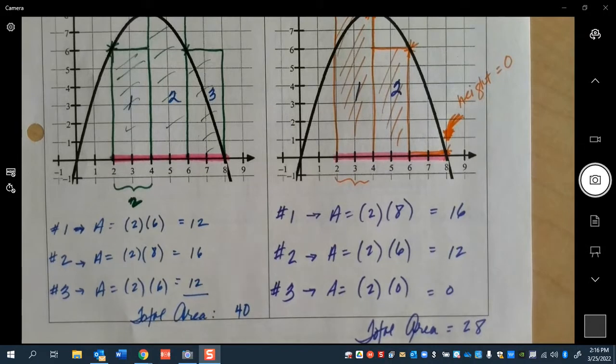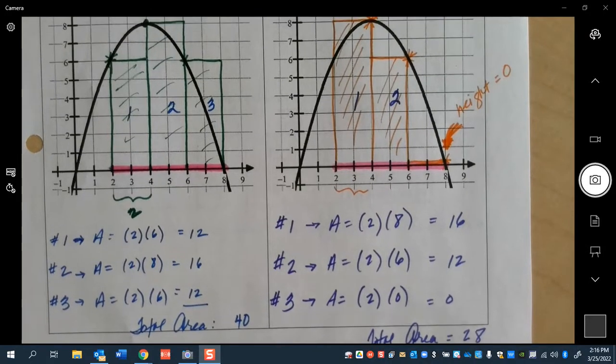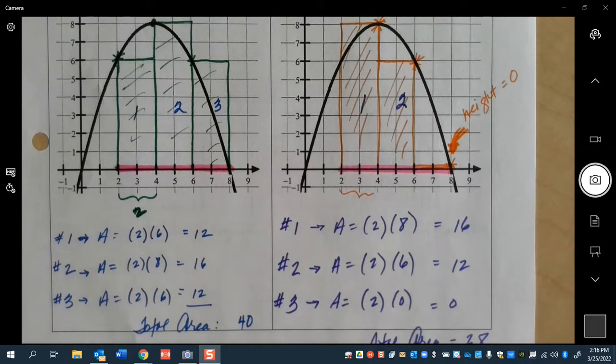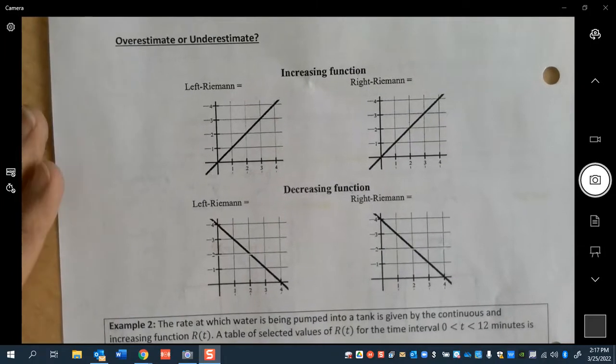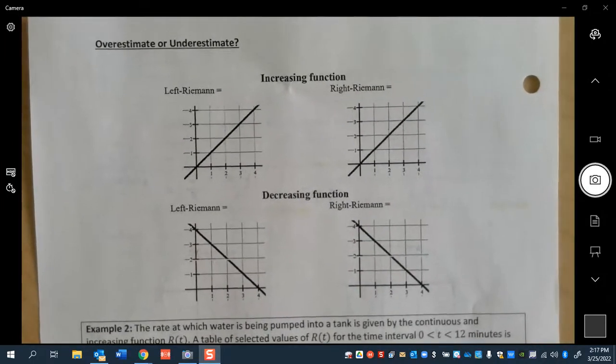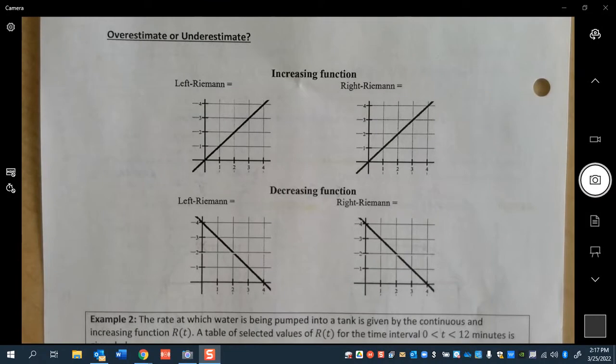I'll take you back to thinking about the website. Our third choice for looking at where the box sits is if we centered the box over. So a left-hand sum touches the graph on the left hand of the box. For a right-hand sum, it touches the graph on the right-hand side. And it's interesting, on that last example, we couldn't really say whether it was an overestimate or underestimate because it was a curve and it changed.